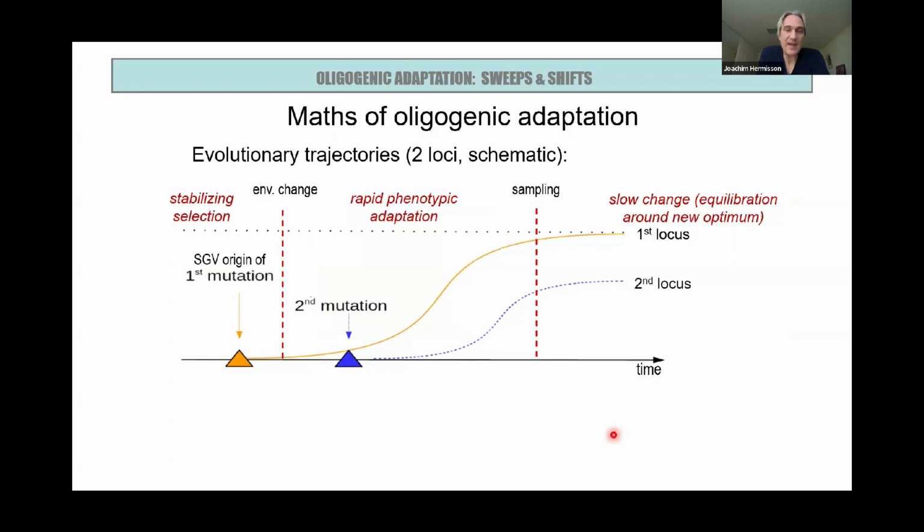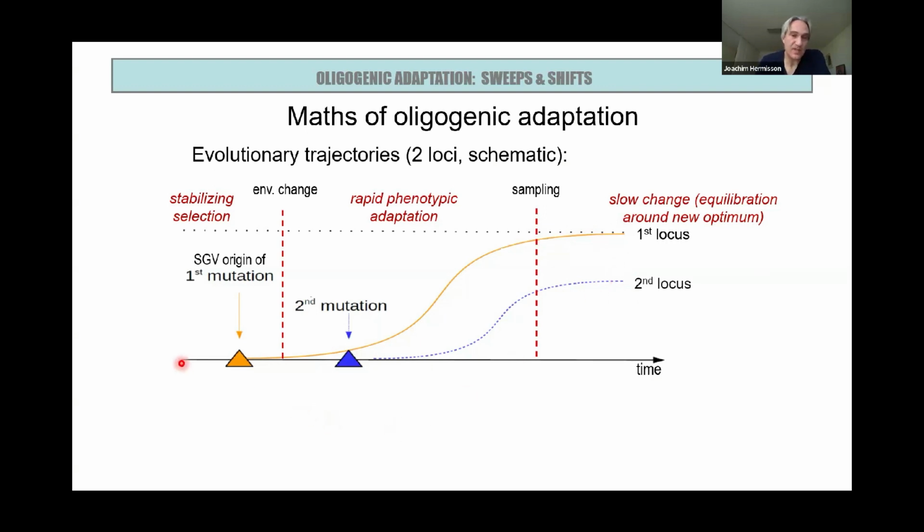All right, so here's a schematic of what can be done, and the ideas are, of course, in the end relatively obvious. So what do we see here? Here we see time on the x-axis, and a cartoon version of evolutionary trajectories at two loci, say the orange one and the blue one, that increase in frequency from around 0, or occur as a new mutation here, and then increase in frequency to some levels at the end.